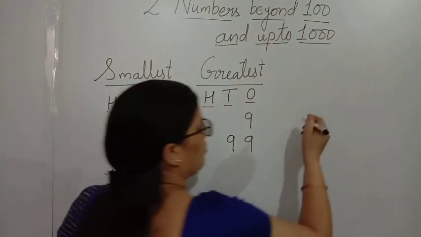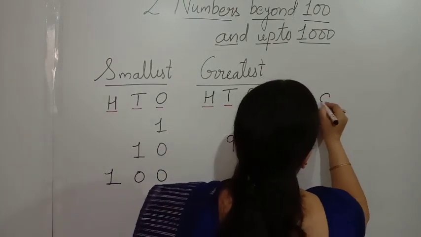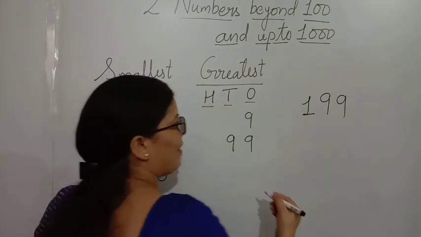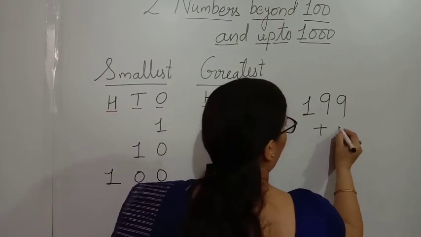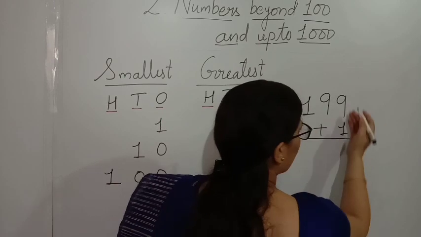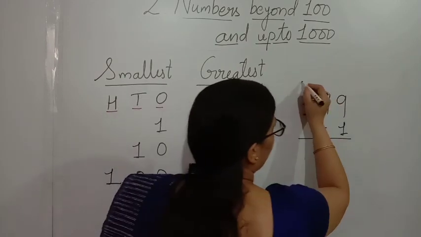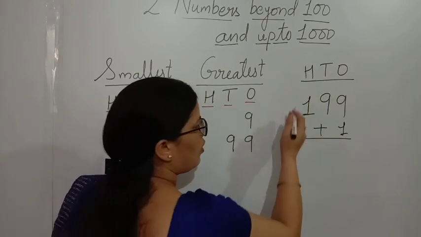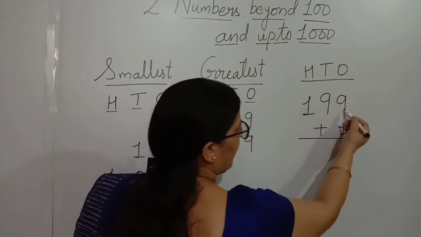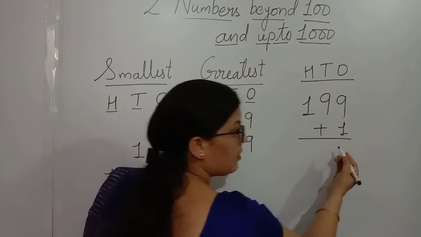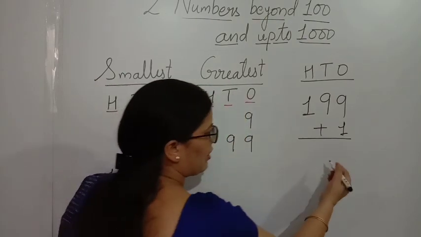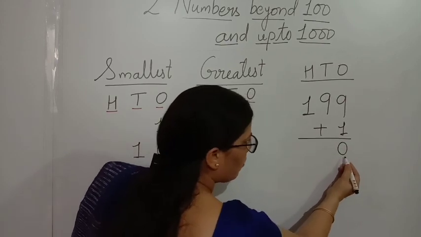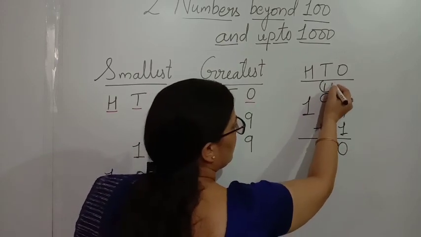After 199, when we add 1 to this number, we first add the ones place. See, this place is ones, tens, and the third place is hundreds. So 9 plus 1 will be 10, but we cannot write 2 digits at one place, so here we'll write 0 and 1 will be carried to the next place.